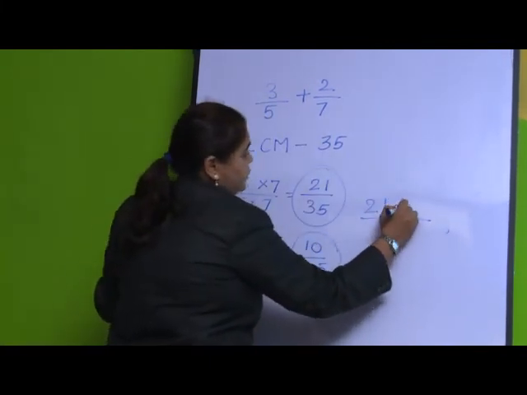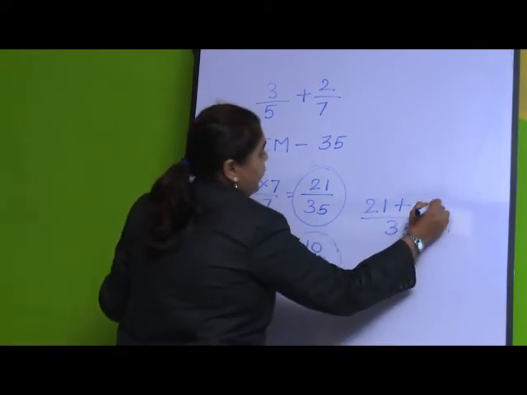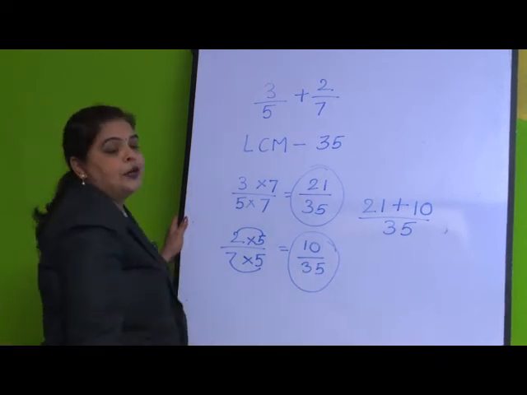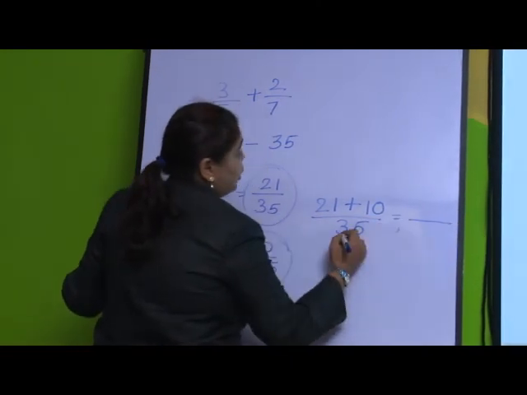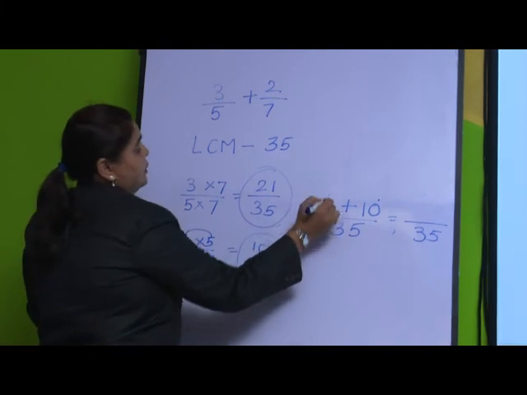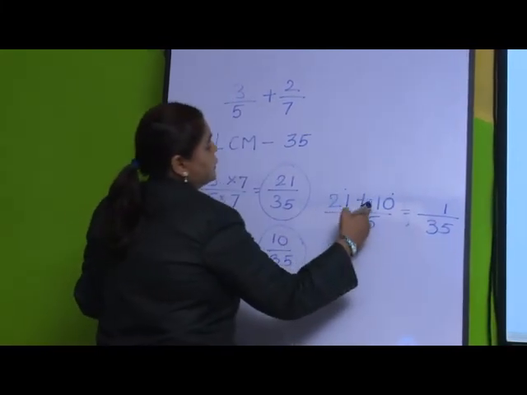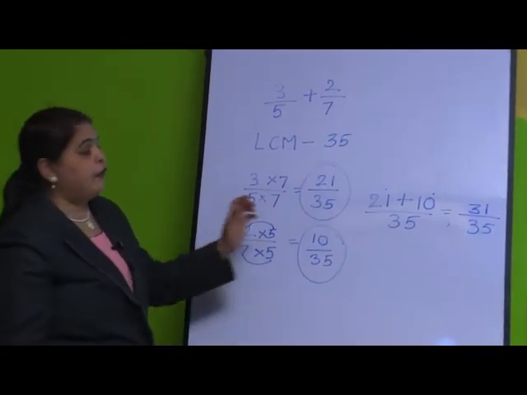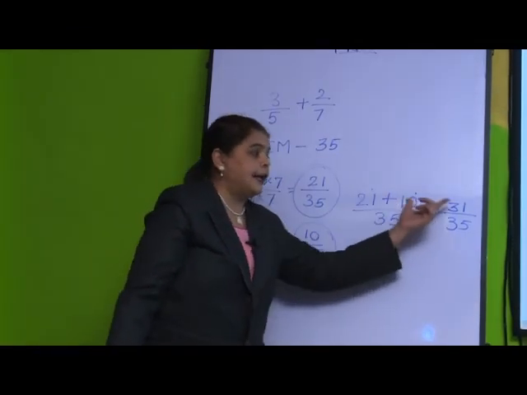So, I will put the addition sign first and the other fraction's numerator is 10. It is very easy, 21 plus 10, the denominator will be 35. You can have 1s plus 0s, that is 1 plus 0 is 1 and 2 plus 1 is 3. So, your answer is 31 upon 35. When you are having a big number here, then also you can directly add.